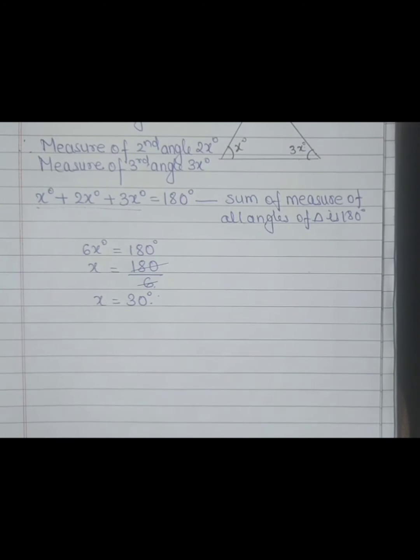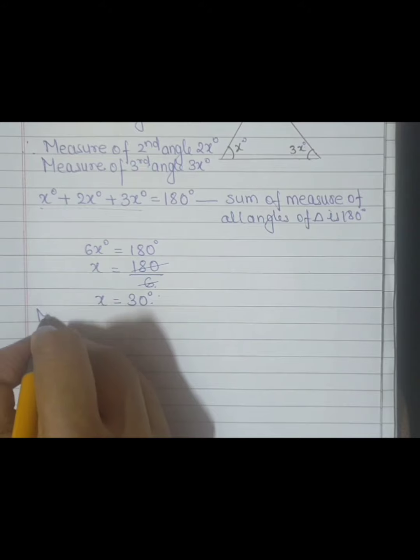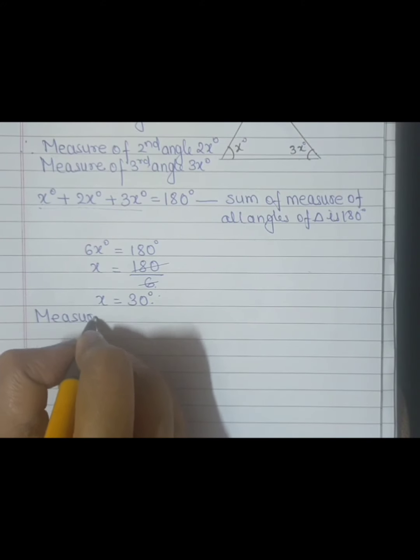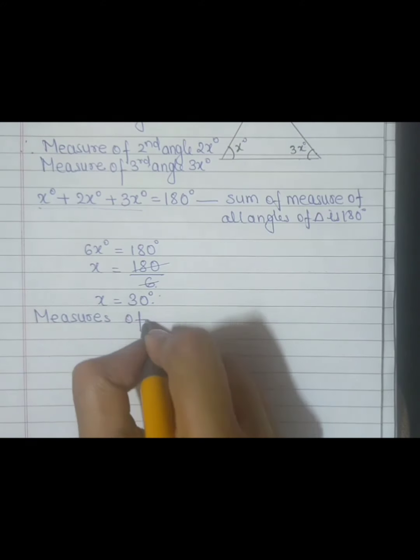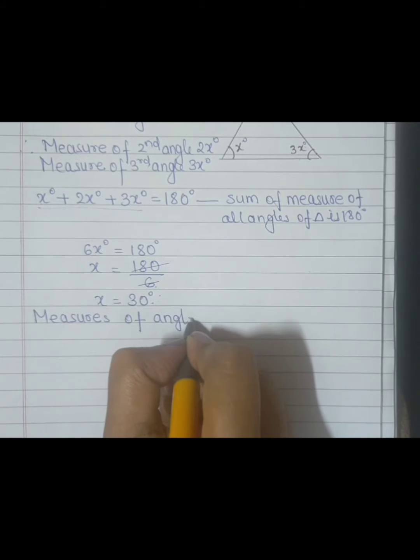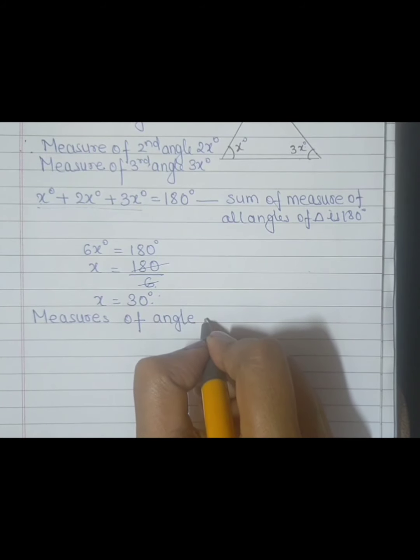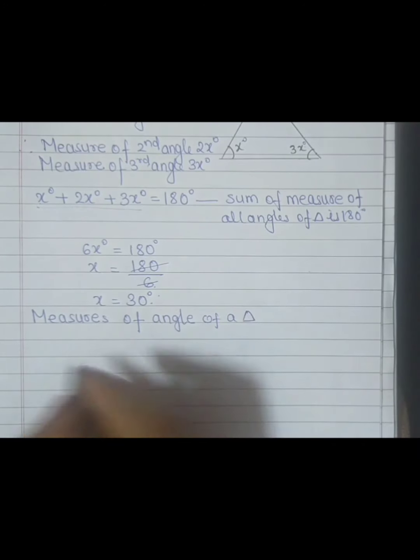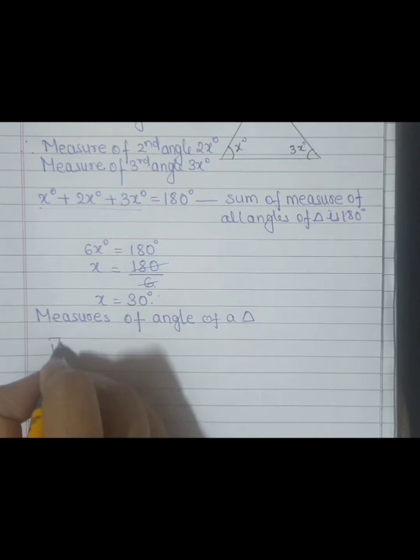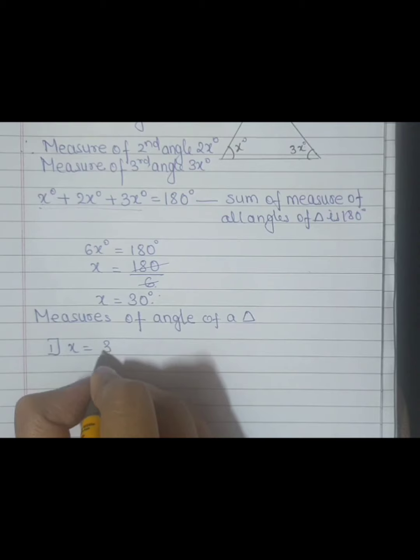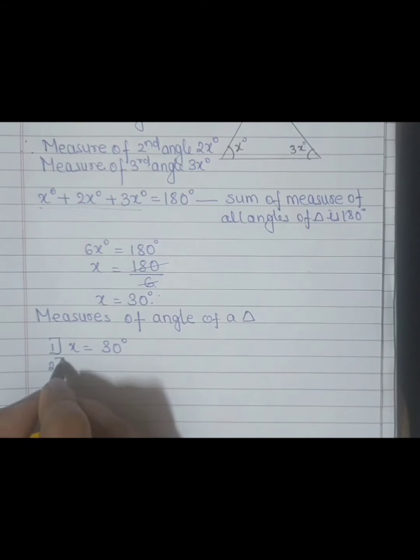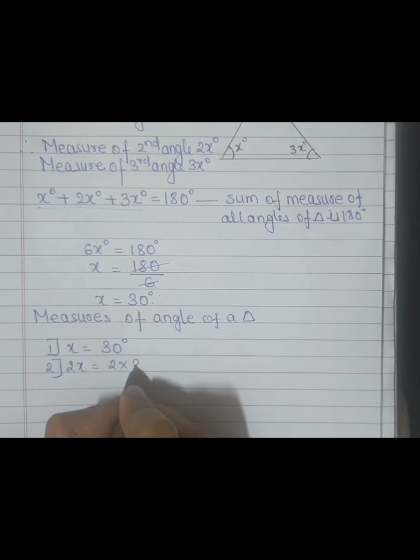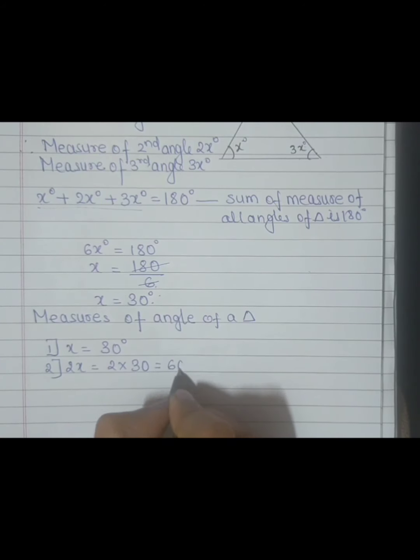Now we have to write the measure of each angle of the triangle. First one is x equal to 30 degree. Second, 2x means 2 multiplied by 30, that is 60 degree.